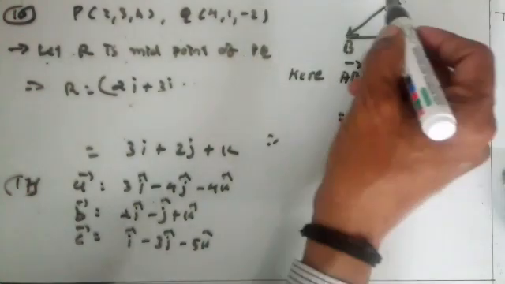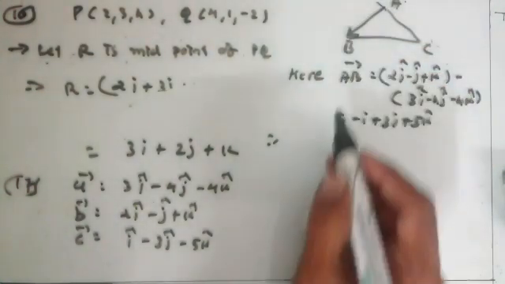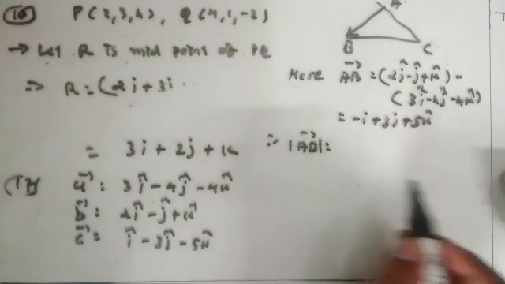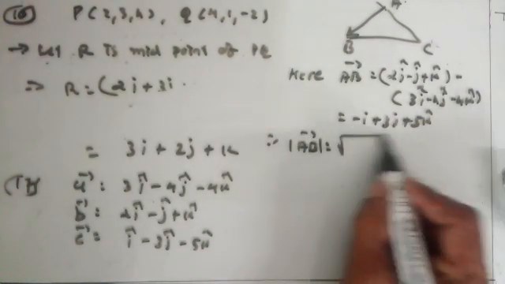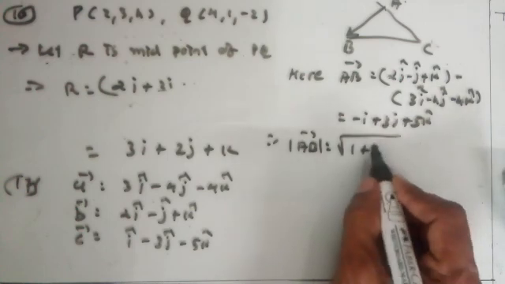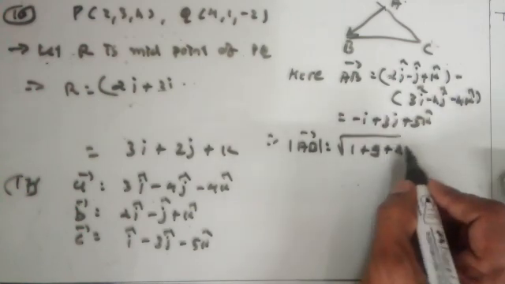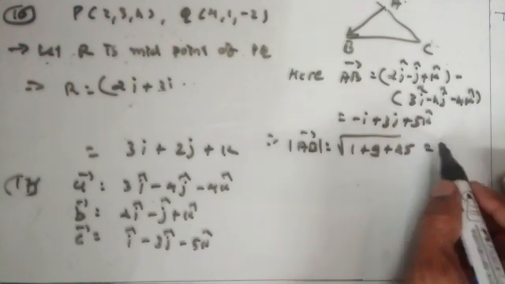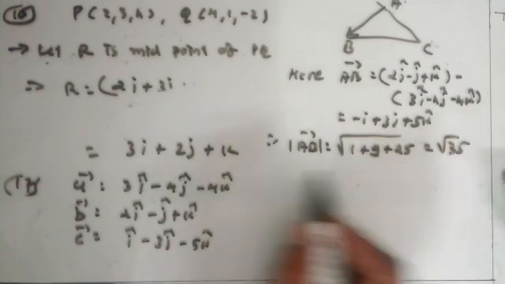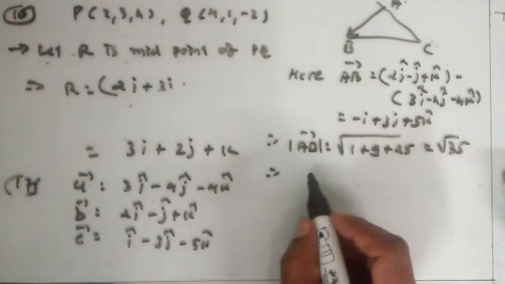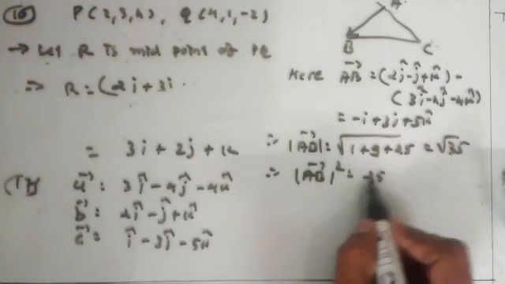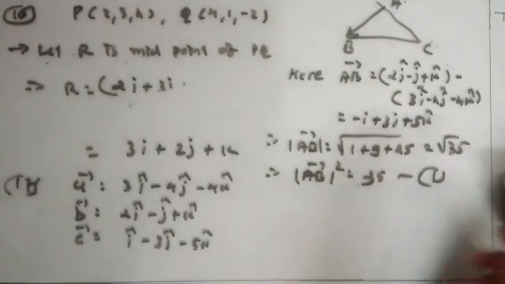Find the length AB, that is the magnitude of AB. Mod of AB is equal to root of 1 square is 1 plus 3 square is 9 plus 5 square is 25, which is root of 35. Therefore AB square is equal to 35.